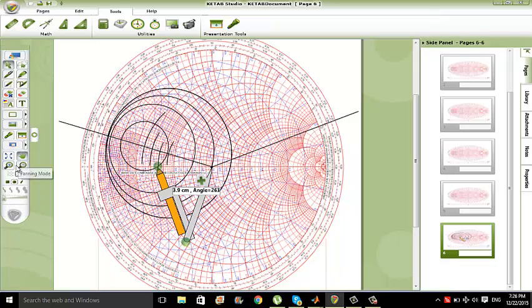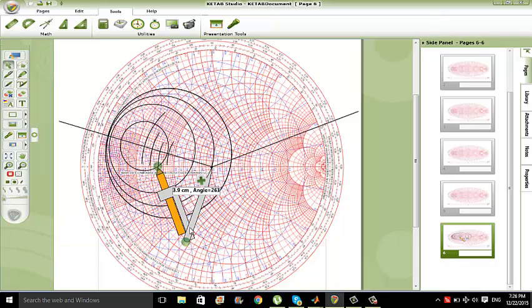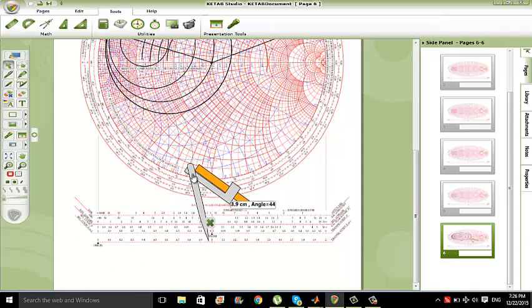Now we go back to the center and change the color to red because this is the load. Now we draw the intersection with the line. And now we go back to the reflection coefficient scale and open it at 0.107, which is the radius of the 1 dB circle at the load.